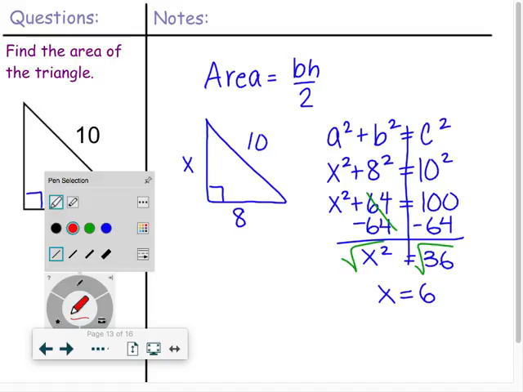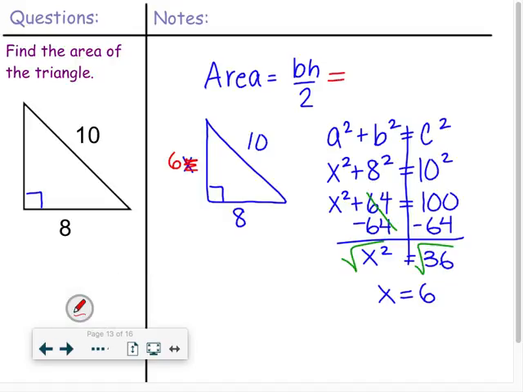So now I know that x equals 6, so I can plug that in my area formula, base, the base of my triangle is 8, the height is 6, and then divided by 2. So 48 divided by 2 is 24. So my area is 24 units squared.